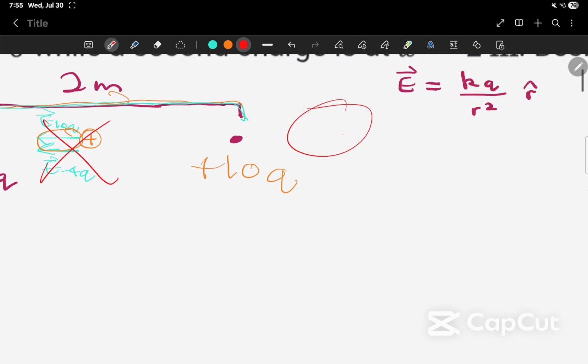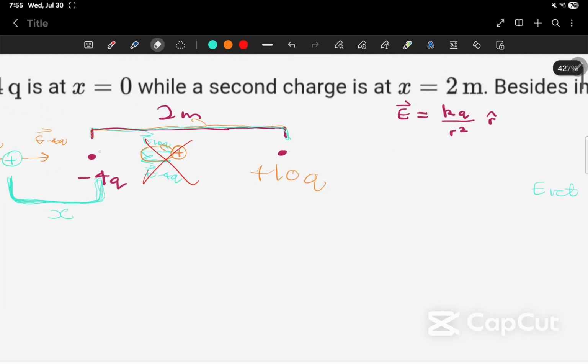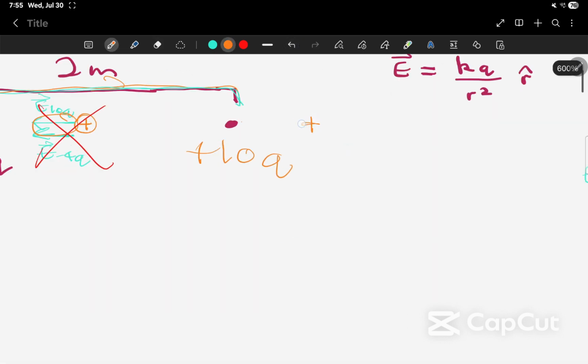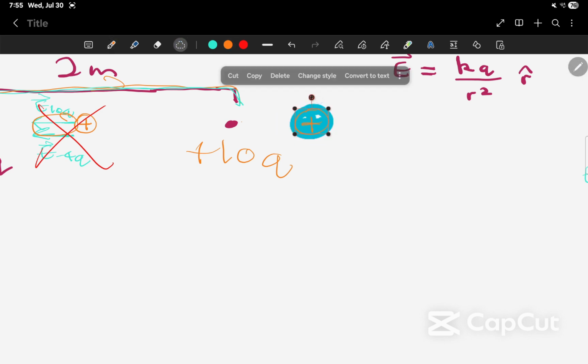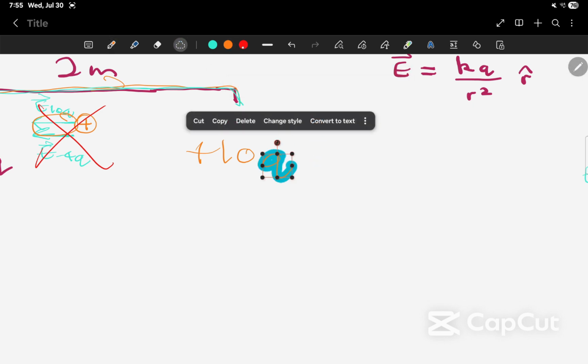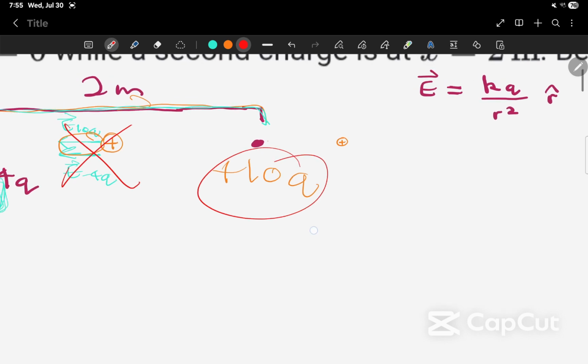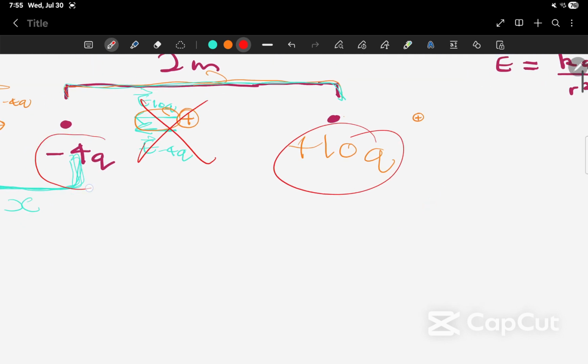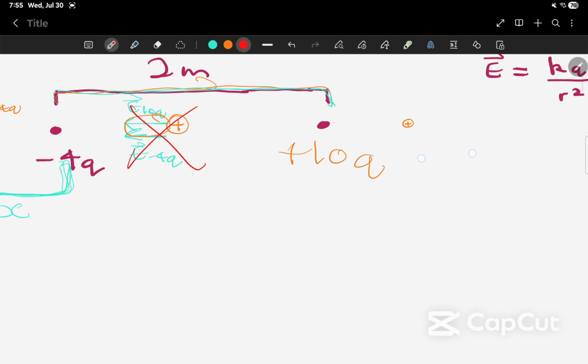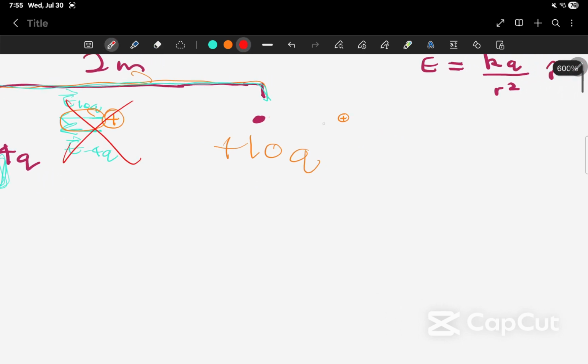Now we look at this region here on the right hand side of both of these charges. So again, we put a positive test charge here, and then we look at the electric field this guy is giving to the positive charge, and then we'll look at the electric field this guy gives to that positive charge. We draw the vectors. So the positive 10q charge, again, the electric field is going to point towards the right.